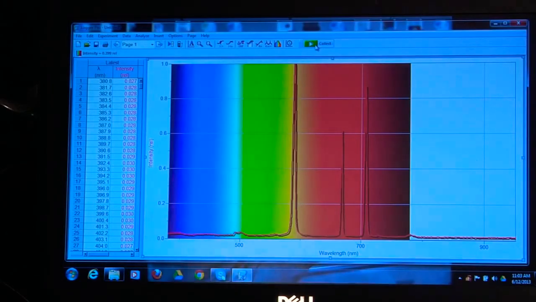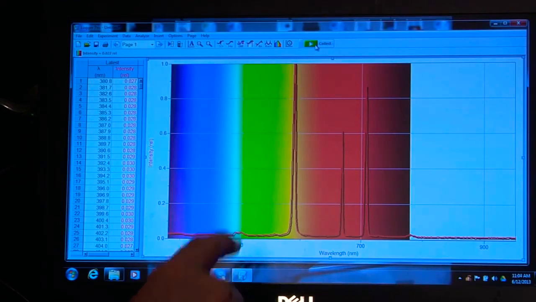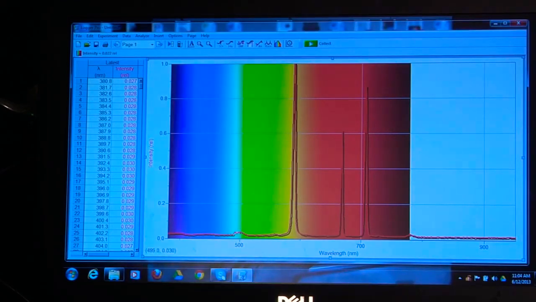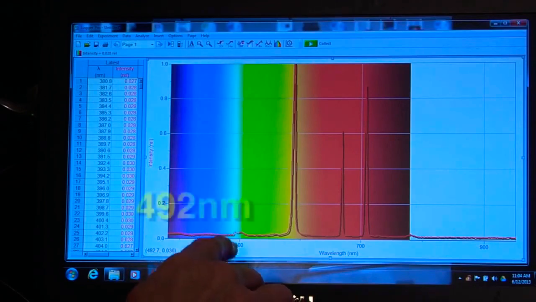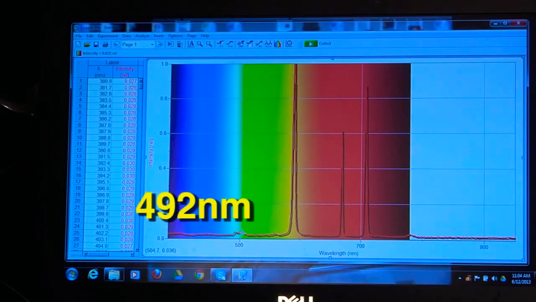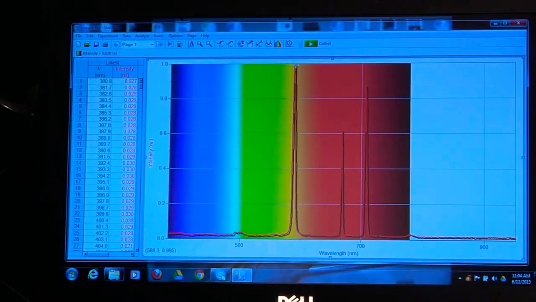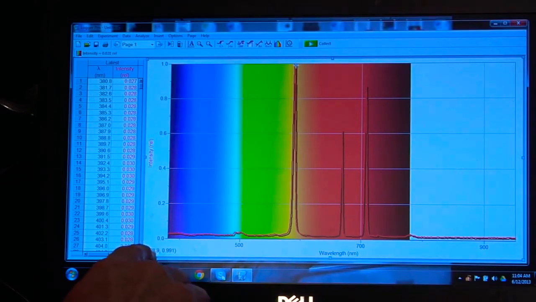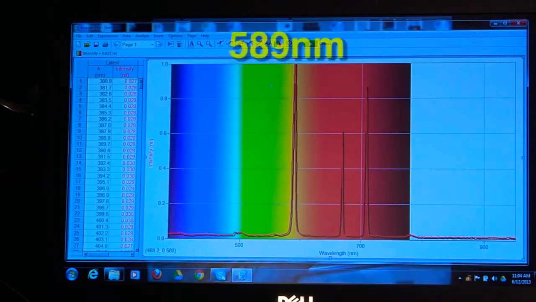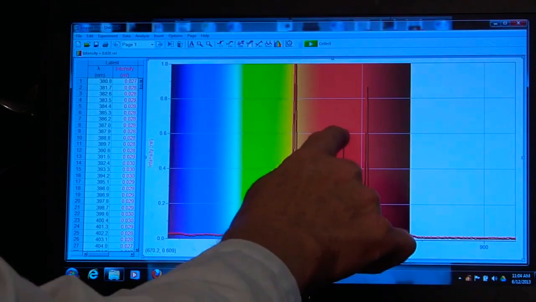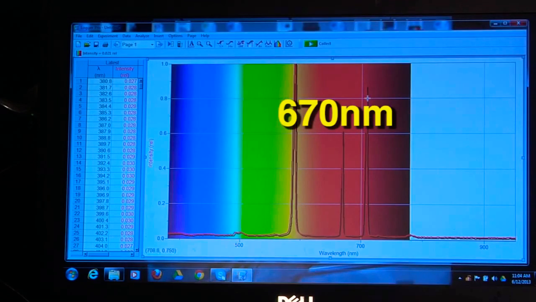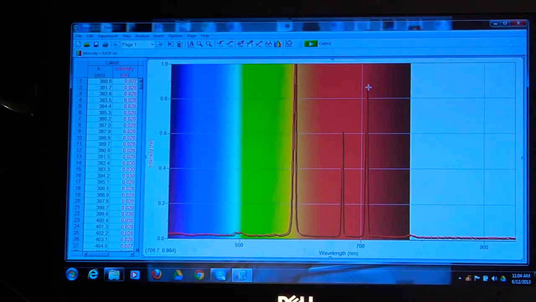What you see here, there are two very faint lines. One at about 492, another one about 502, but the three very significant ones are here at about 589, and here, right here at 670, and here at 709.